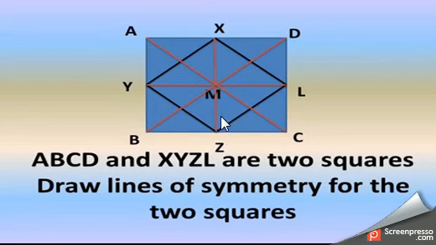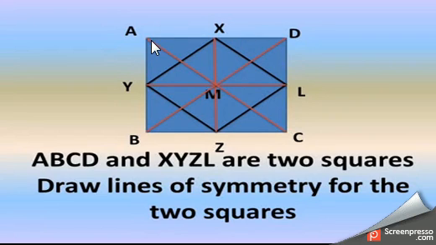Count with me: 1, 2, 3, 4. Okay, mister, so can I consider the number of lines of symmetry of these two squares to be 4 or 5 or 6?